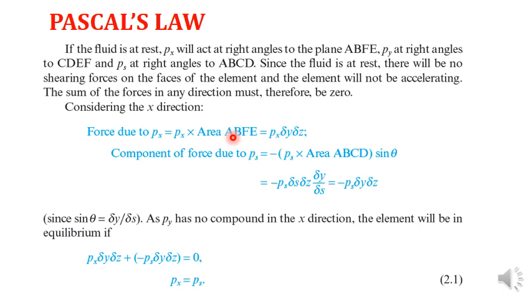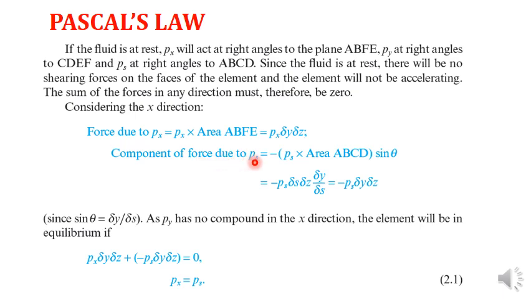So this will be px into the area ABFE, this particular face that we discussed in the previous slide. The area of the surface normal to which this force in the x direction is applied is equal to delta y into delta z.